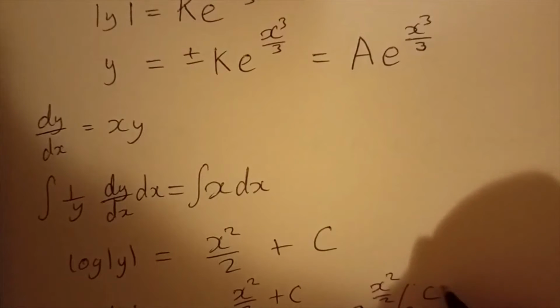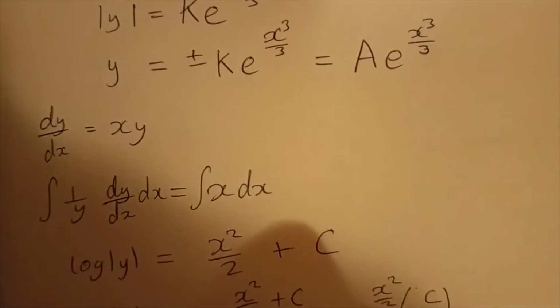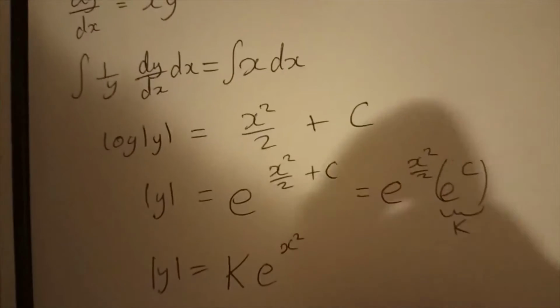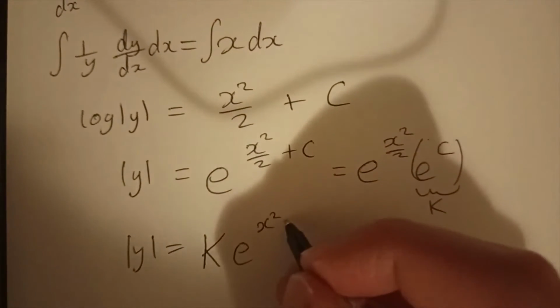And again, this is just a constant, which I can again call k. So again, the absolute value of y equals k times e to the x squared, divided by 2.